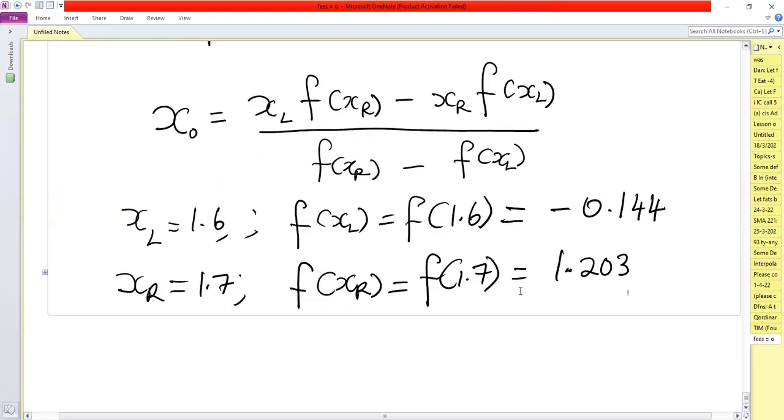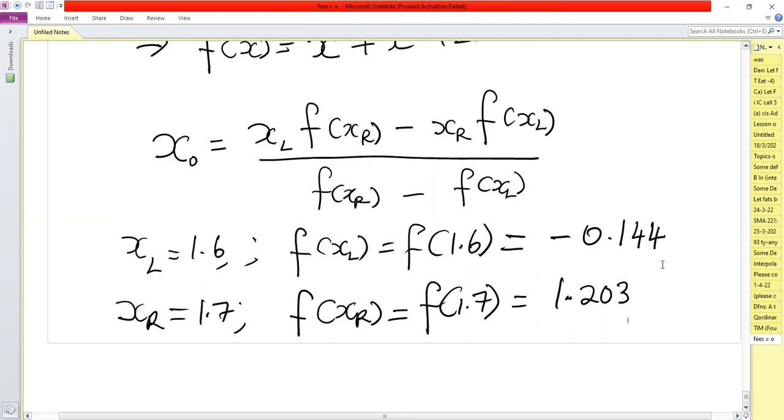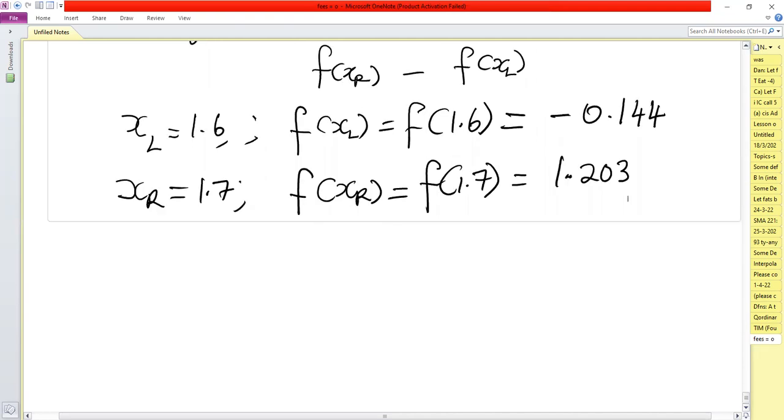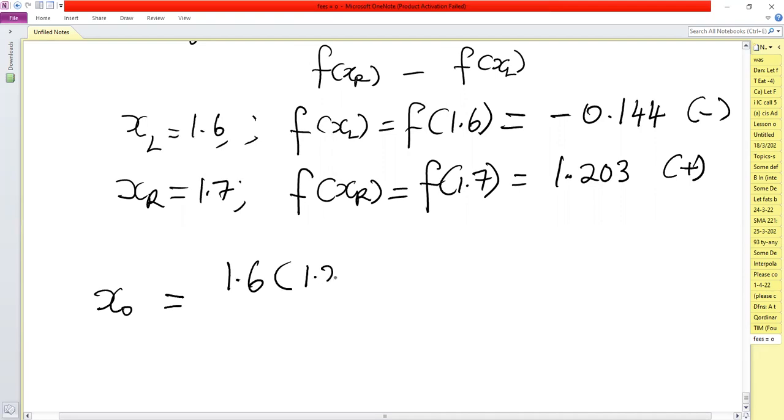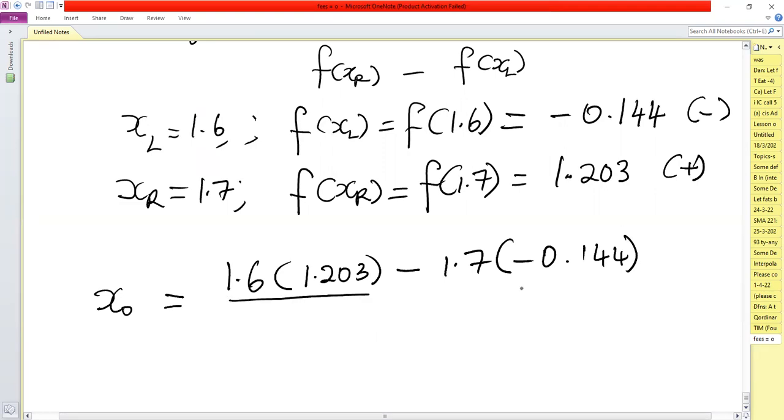So x naught, using these values, where this is negative while this one is positive, will be given by 1.6 times 1.203 minus 1.7 times minus 0.144, divided by 1.203 minus minus 0.144.